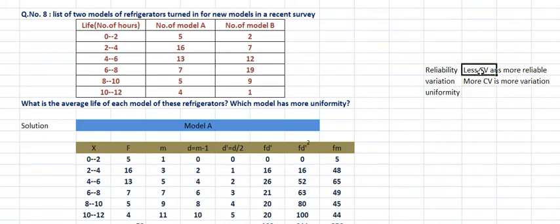What is uniformity? Same. If they ask about variation, more CV means more variation. With less CV, the uniformity is more, more reliable, more uniformity.